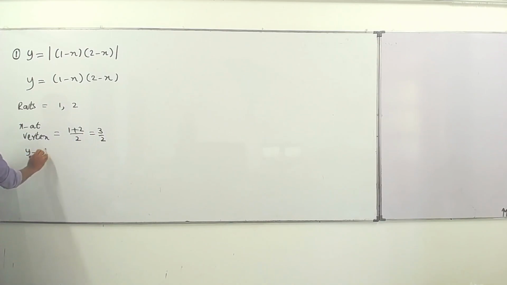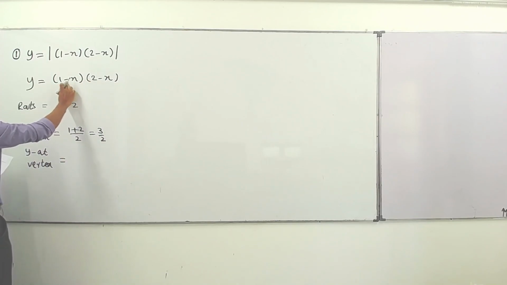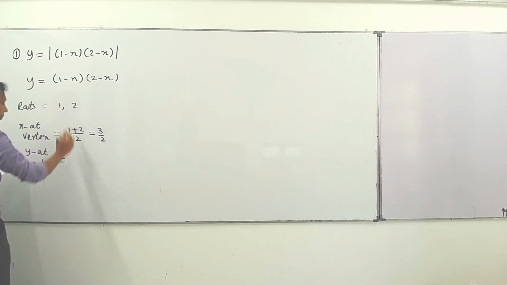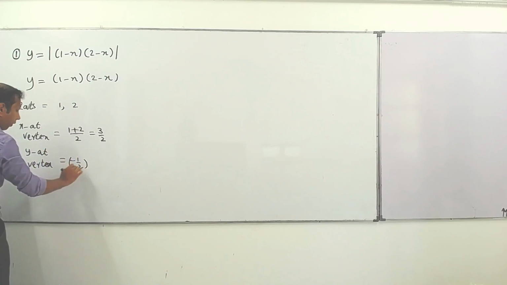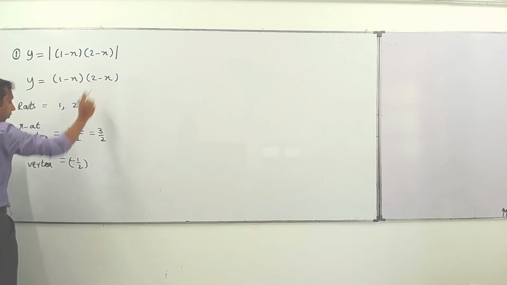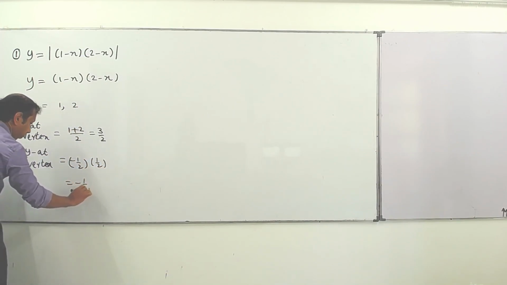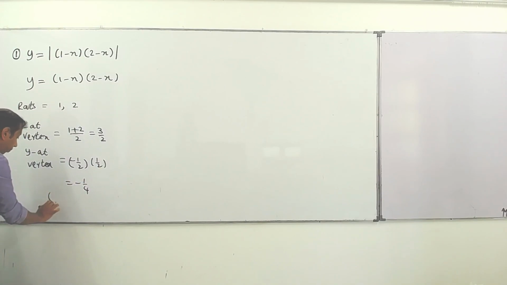Y at vertex can be found by putting this x at vertex, 3 by 2, here and here. 1 minus 1.5 means minus half. 2 minus 1.5 means plus half. Here minus 1 over 4. Then the vertex is 3 by 2, minus 1 over 4.